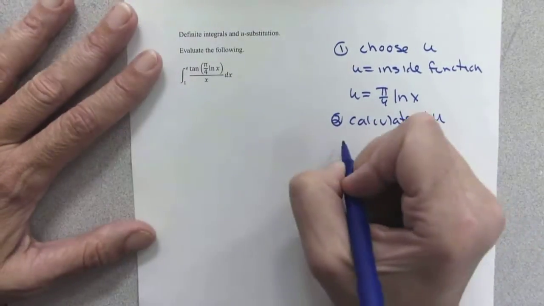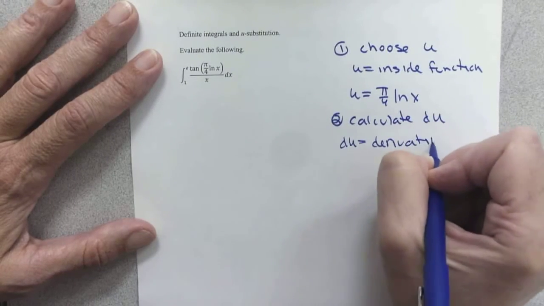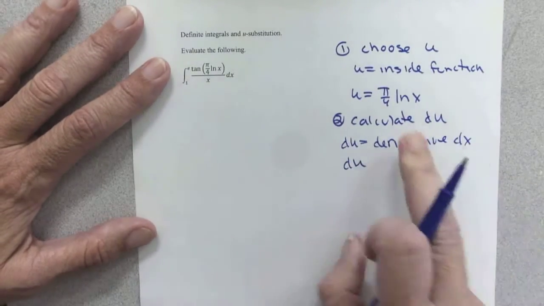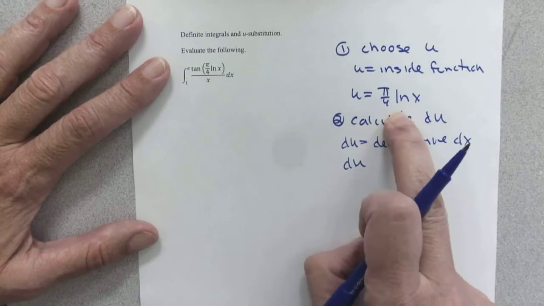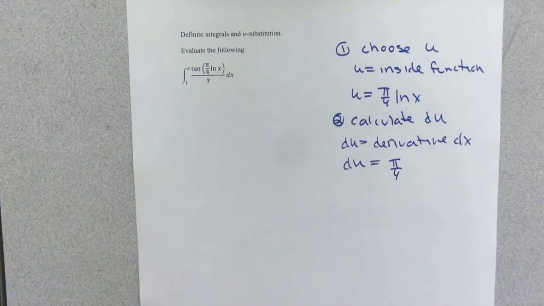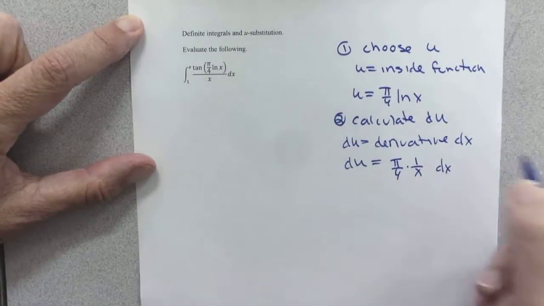And remember, all that was du is the derivative times dx. So du, and then just taking the derivative that you see there. And so the pi over 4 is just a coefficient, so it just stays there. Derivative of the natural log is 1 over x dx.